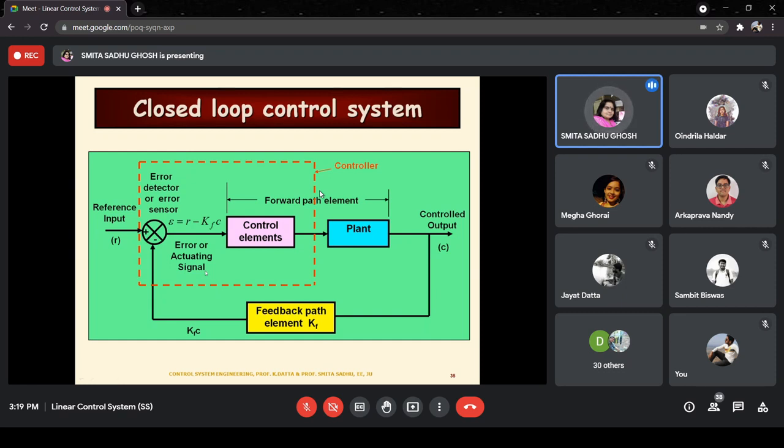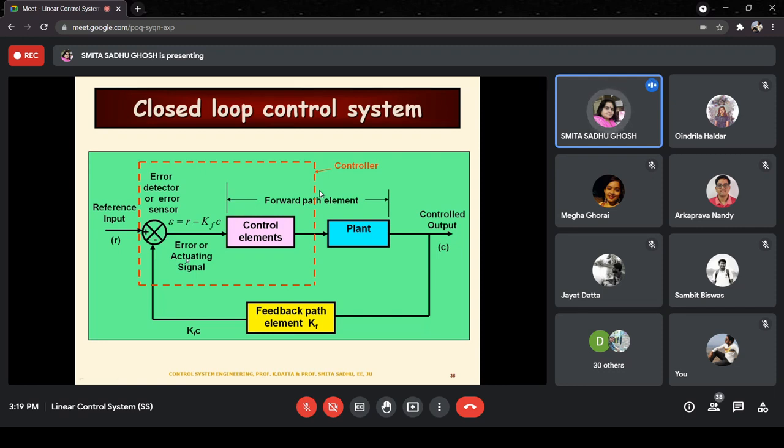But that is not going to be the case, meaning you're not going to have the difference between input and only output. Over here, we are going to have the feedback signal itself, which consists of something multiplied by the output. So here, in general, this is called the actuating signal. In some books, you may find the term actuating error.